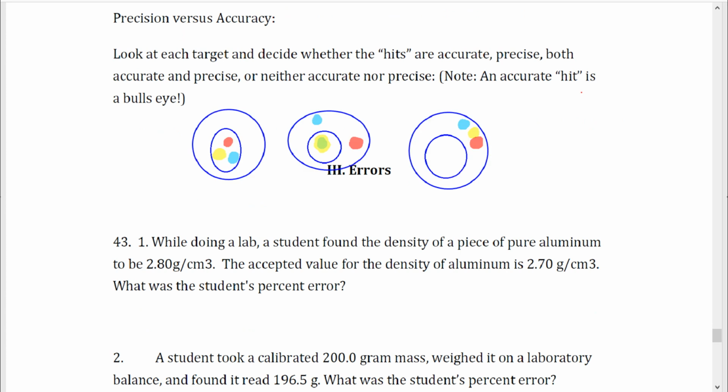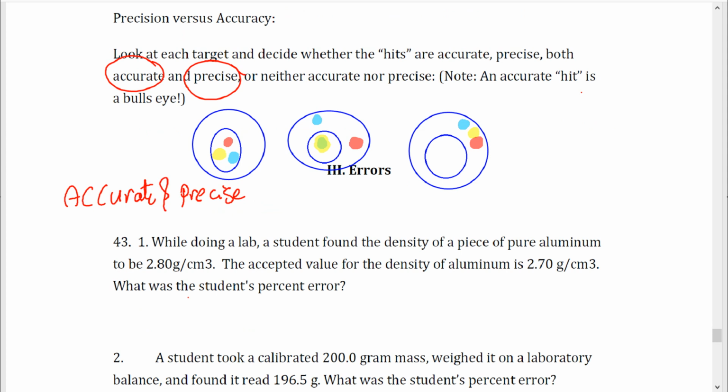This question is asking about the precision and accuracy. By looking at the first target and the hits, you will find that they are all close. This means that they are precise, and they are in the center, so they are accurate. So accurate and precise.